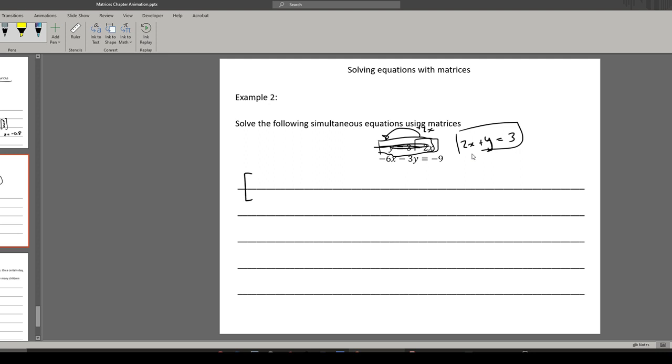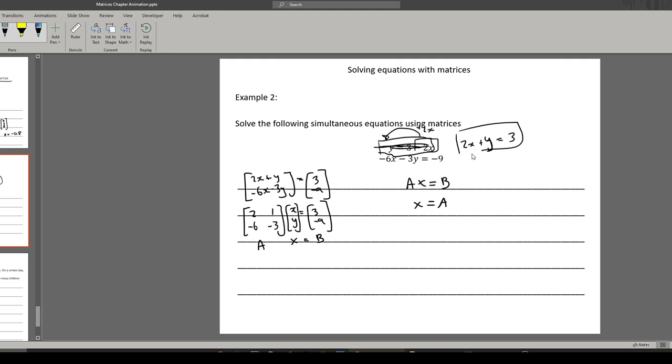Let's write matrices: 2x plus y, x minus 3y equals 3. Turns into, because all my rows, 2, 6, 3, 8, 3. So we now have Ax equals B.